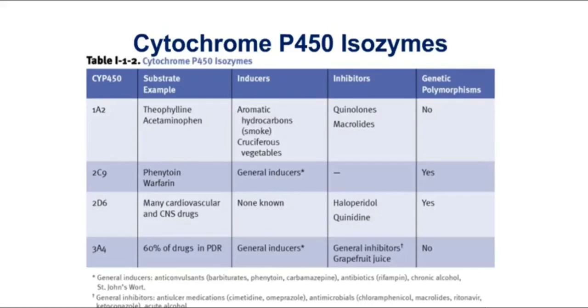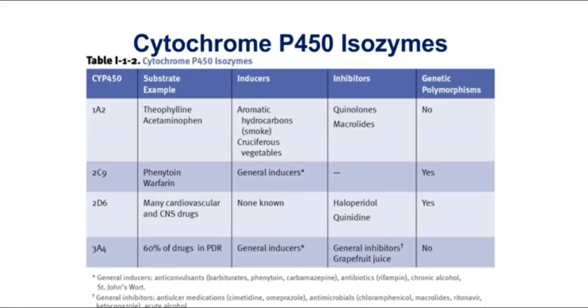So maybe the take-home message for 3A4 is that obviously it's a very important set of P450 enzymes, because 3A4 metabolizes over half of all the drugs that we have. But there's no way you should even try to memorize any of those.